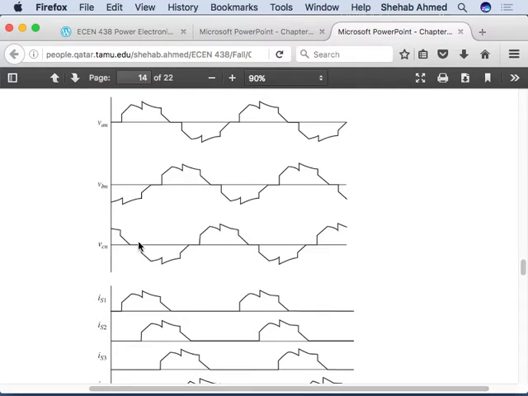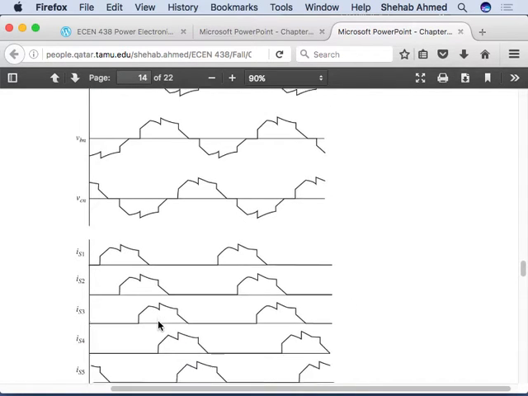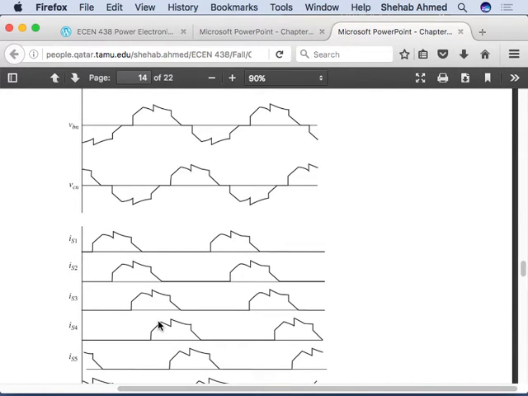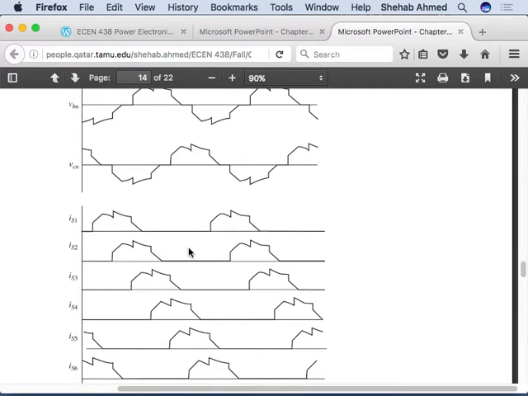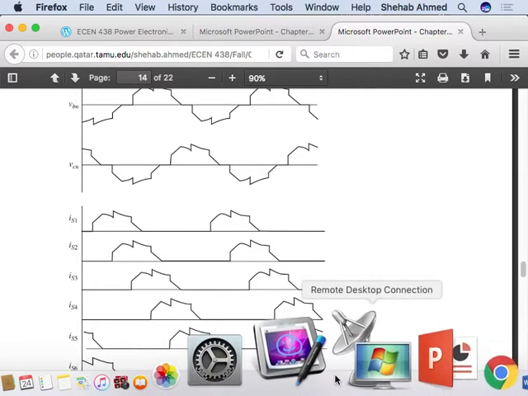That's the voltage shape here. We flip it, since I'm drawing all the currents as positive, because of the notation we assumed.